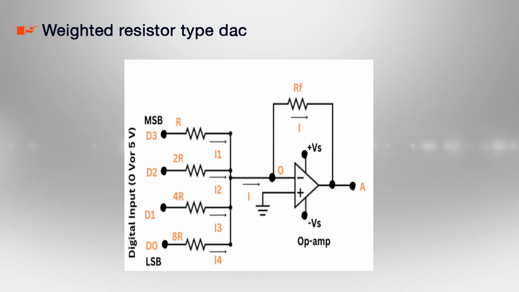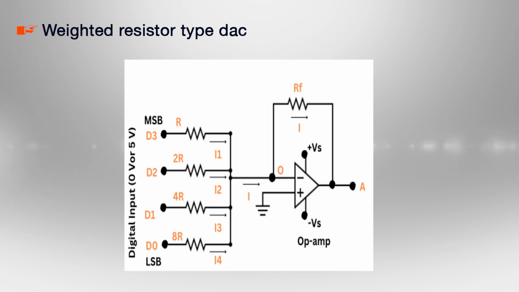Now, let us understand the circuit of weighted resistor type DAC. Here also op-amp is used in inverting amplifier configuration. Here, instead of one input, n-bit digital data is given through n different value resistances. In the circuit, it shows we have 4-bit digital input.